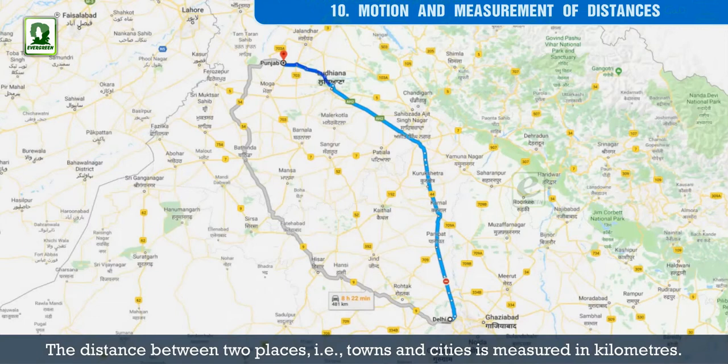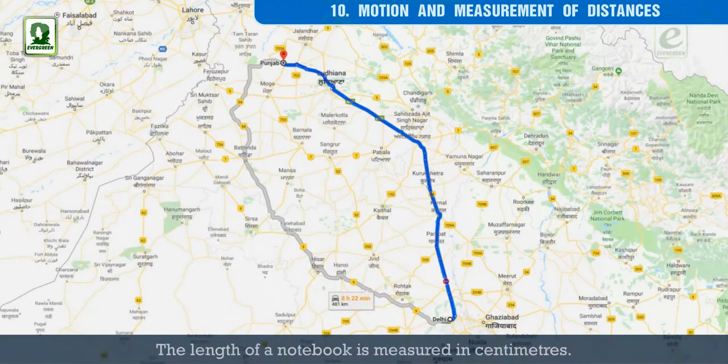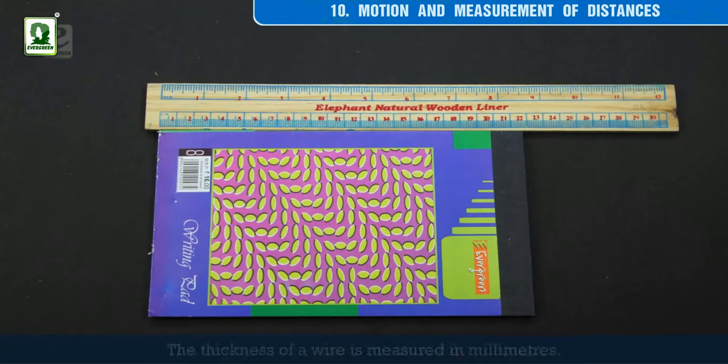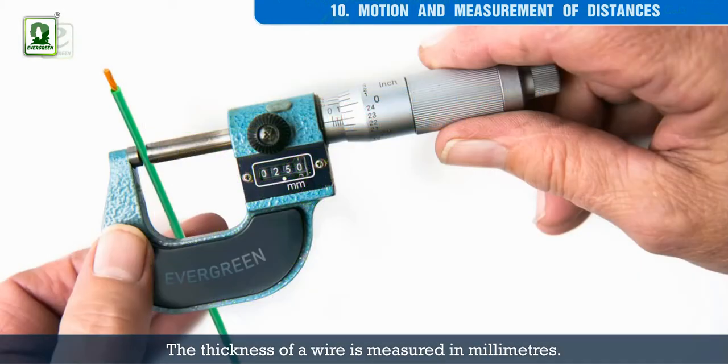The distance between two places, that is, towns and cities, is measured in kilometers. The length of a notebook is measured in centimeters. The thickness of a wire is measured in millimeters.